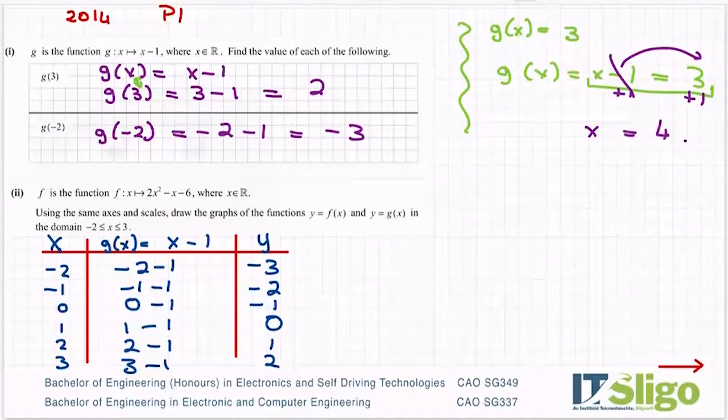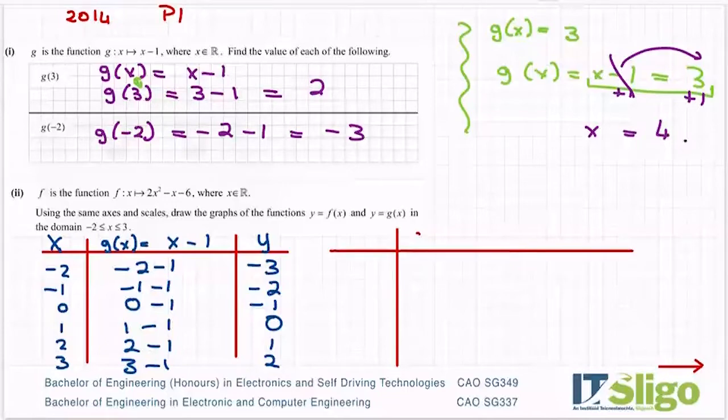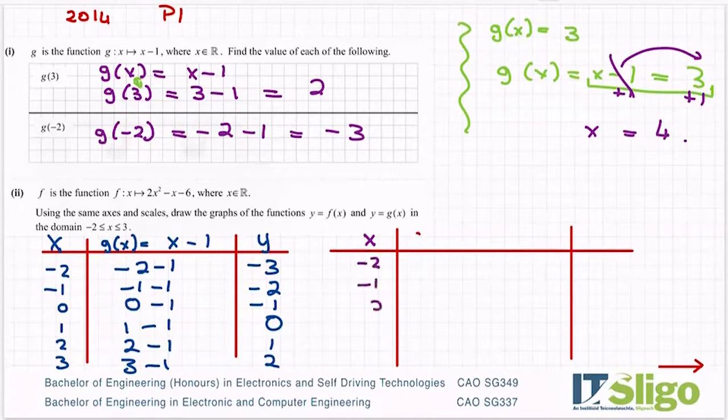We also have to do f of x. So draw yourself another table, and same x values: minus 2, minus 1, 0, 1, 2, 3.